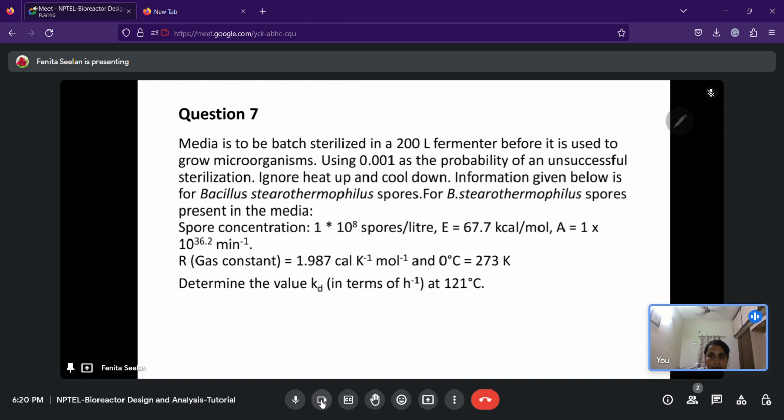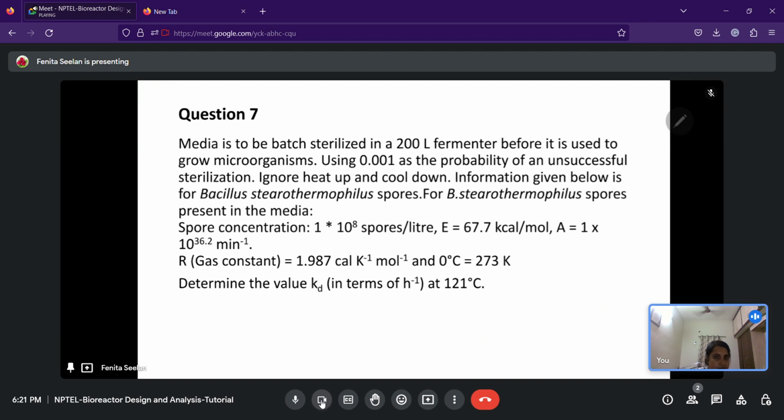Question number 7: media is to be batch sterilized in a 200-liter fermenter before it is used to grow microorganisms, using a 0.001 probability of an unsuccessful sterilization. Ignore the heat up and the cool down. Information is given below for Bacillus stearothermophilus spores.